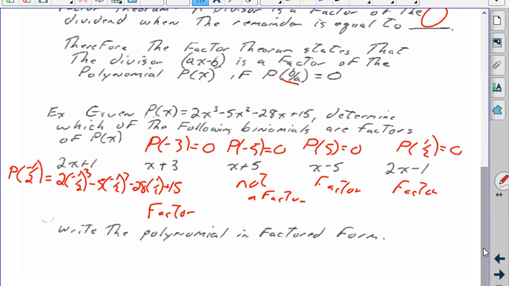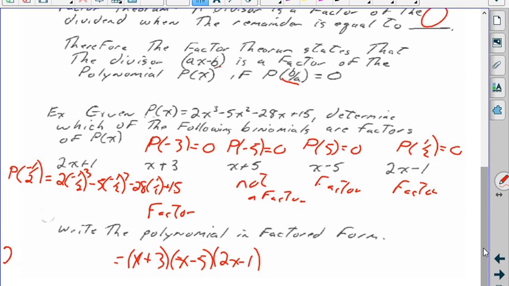So, the polynomial in factored form. Well, one factor was x plus 3. Another factor was x minus 5. And the third factor was 2x minus 1.